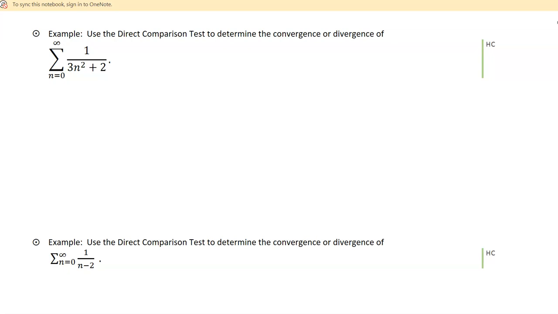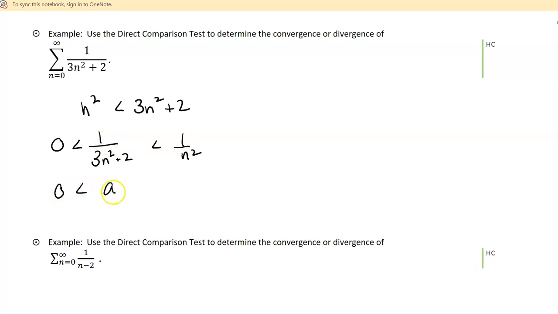Here we have 1 over 3n squared plus 2. So the most simple version of this would just be the n squared, and I know that n squared is less than 3n squared plus 2 for whatever value of n you have. So because this one would make a larger denominator, that means 1 over 3n squared plus 2 is less than 1 over n squared. And of course, both of those things are positive because you're squaring a number and adding a positive number to it. So this is going to be our a sub n, and this is going to be our b sub n.